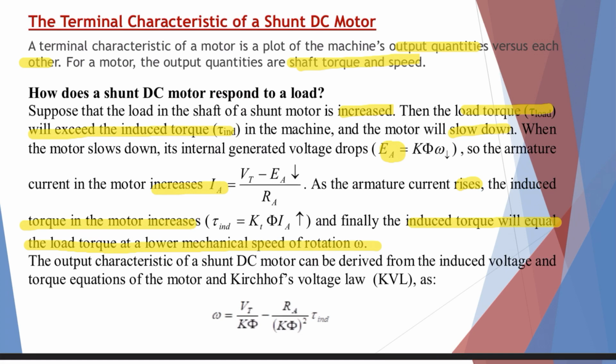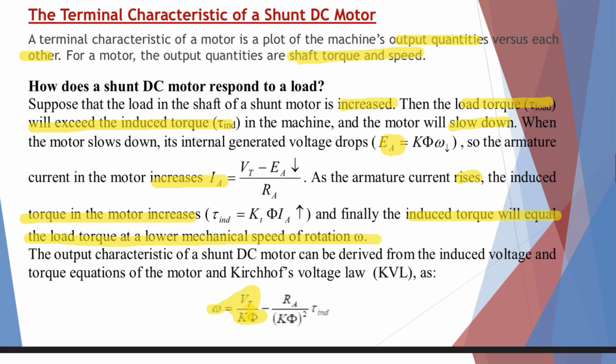The output characteristics of a shunt DC motor can be derived from the induced voltage and torque equations of the motor and Kirchhoff's voltage law, as follows. Omega equals VT over K flux, minus RA over K flux squared multiplied by torque induced.